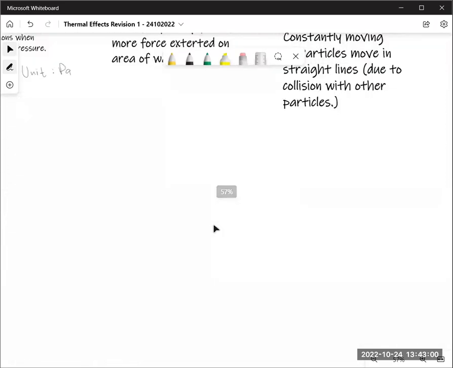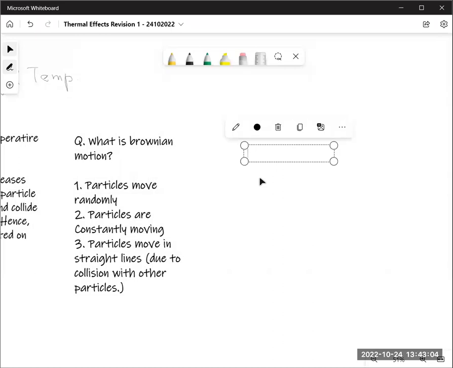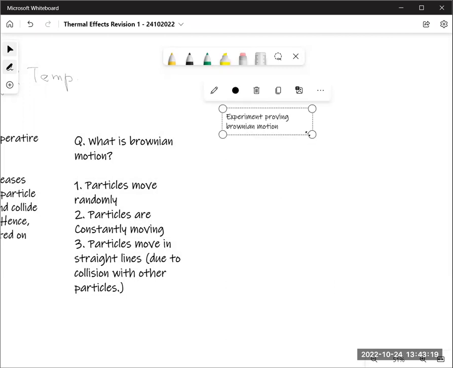Next. You'll be asked to present an experiment for Brownian motion. It's an experiment proving Brownian motion. This is important as well. And tell me, what is the experiment?